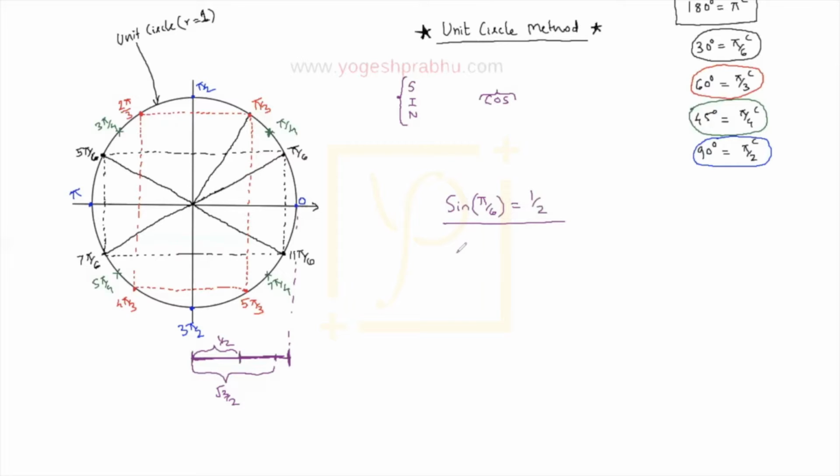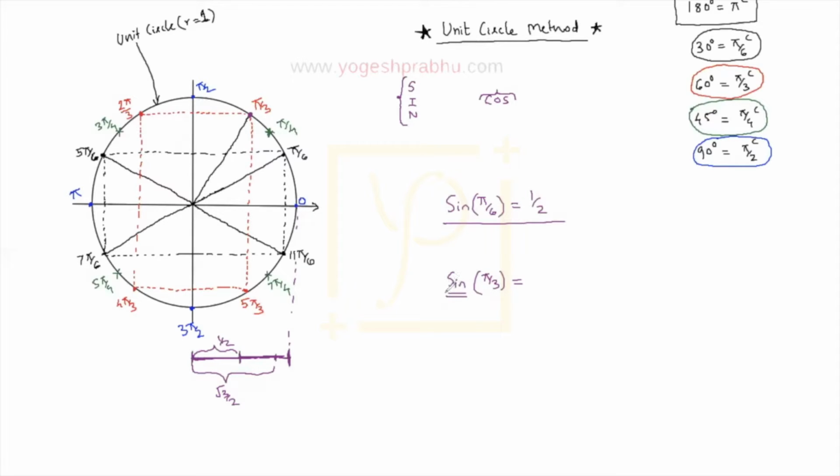I hope you got the idea, but let me do one more and explain that again. Pay attention. Supposing I want to find sine of pi by 3. What is the value of sine of pi by 3? You have to see where this angle pi by 3 is. On the unit circle, the pi by 3 angle is over here. Now, once you say this is the pi by 3 angle, what are you trying to find, sine or cos? You're finding sine, right?